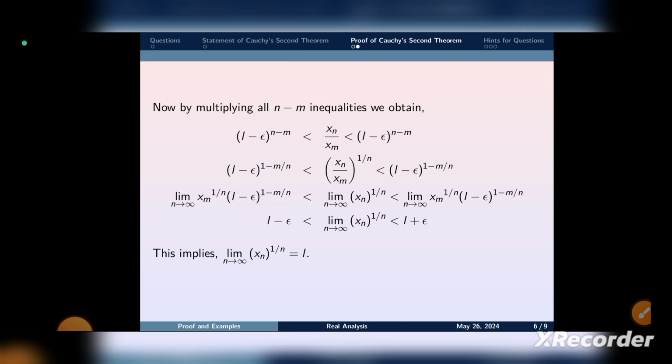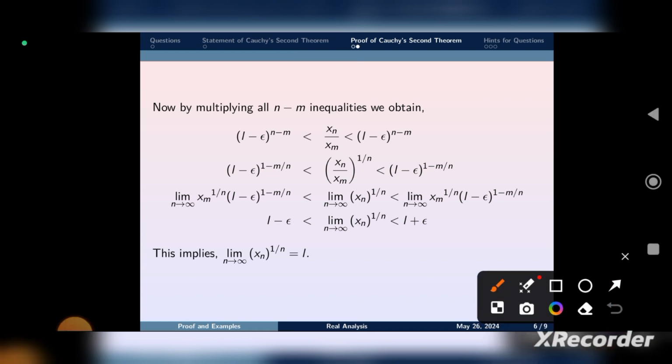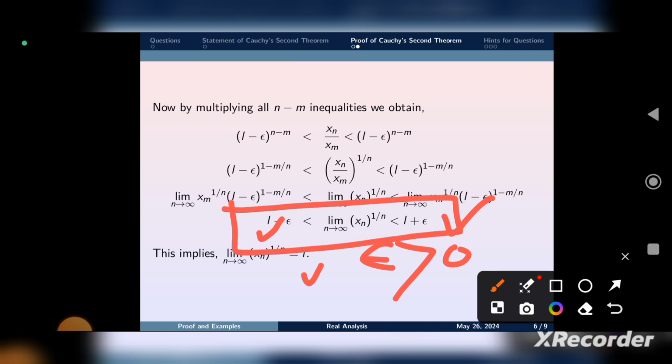Similarly, the right hand side converges to L plus epsilon. Now from this we get that the limit of xn raised to power 1 by n is L, since epsilon is a very small quantity, as epsilon tends to 0. So by the sandwich theorem, the limit of xn raised to power 1 by n is L.